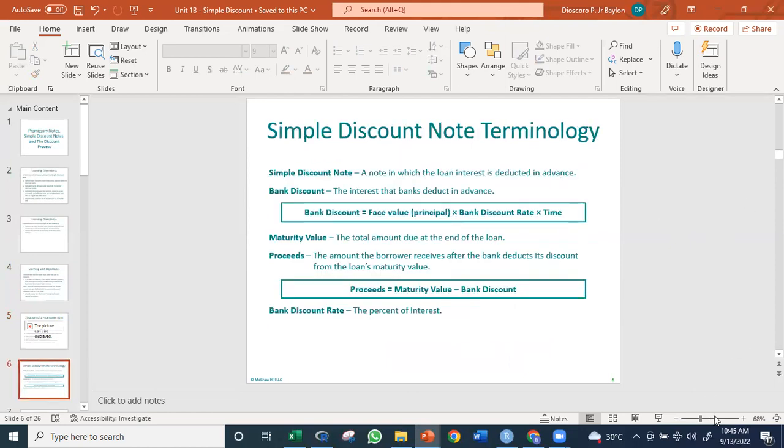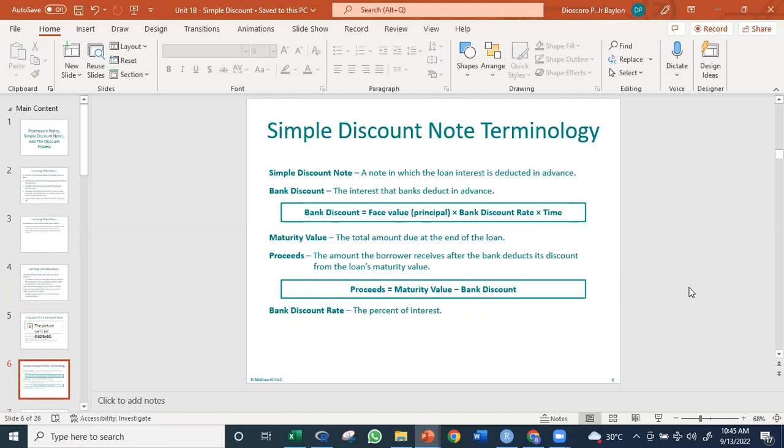Okay, it's time, but just this last slide. For a discounted amount, what happens is that you borrow a certain amount, and then the bank will automatically deduct the interest. That's called the discount. So if you're borrowing 10,000, you're not going to receive 10,000, but a certain amount lower than that.